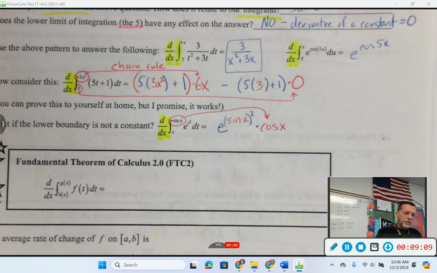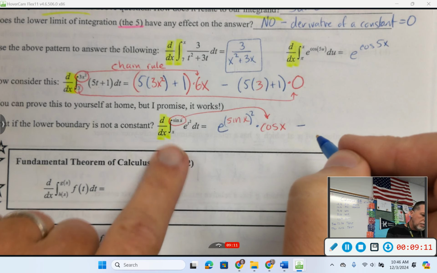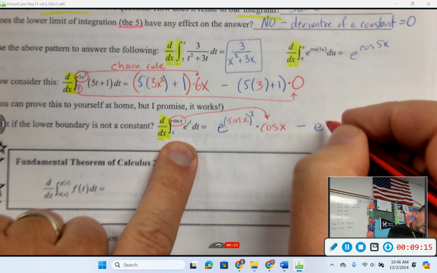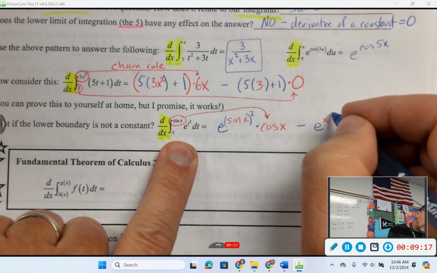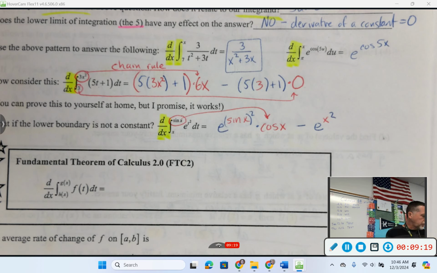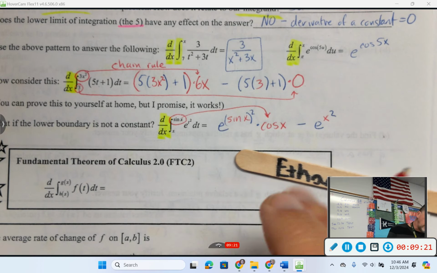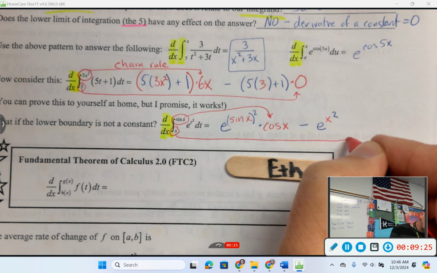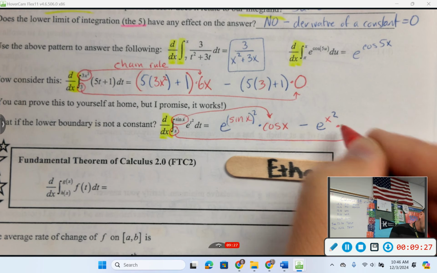So there's the top limit. Minus evaluate at the bottom limit, so e to the x squared. But I still need to think about chain rule of the bottom. What's the chain rule if I take a derivative of x?